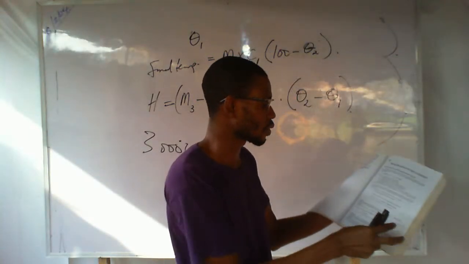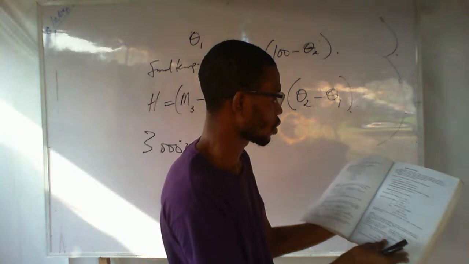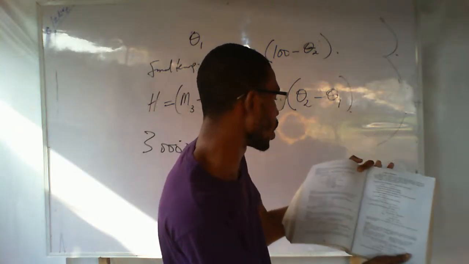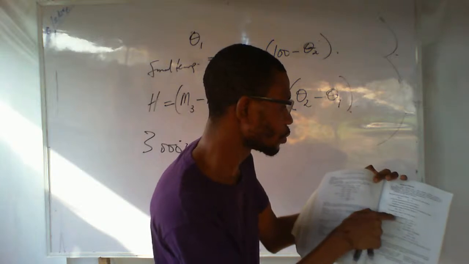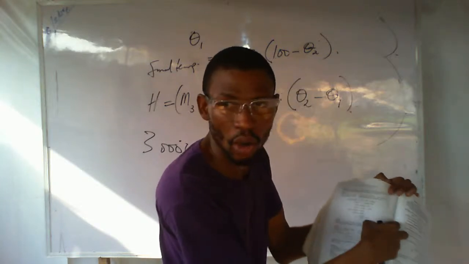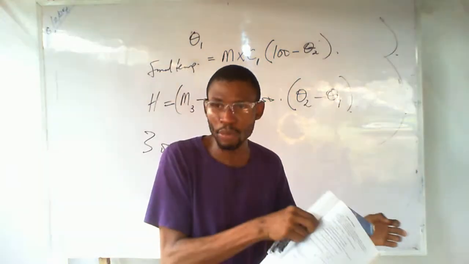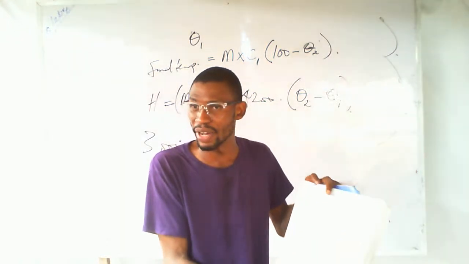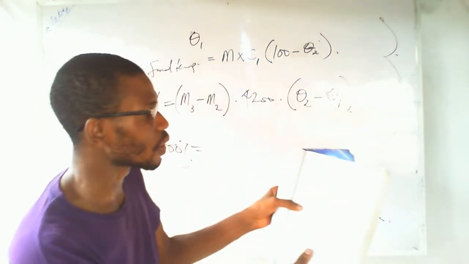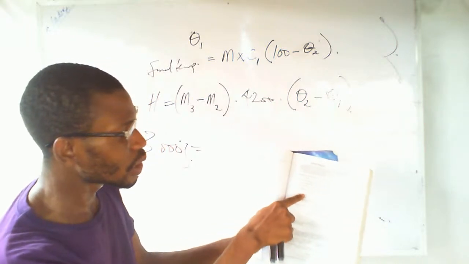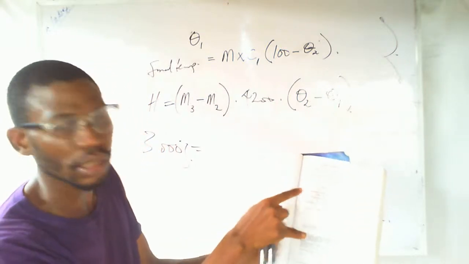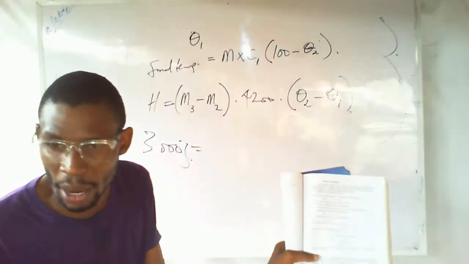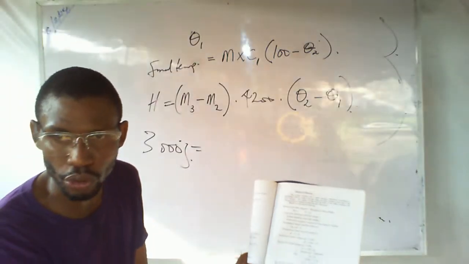Everybody look at this. Look at what I want to show you. Please let me move it very close to the camera so that they can see it clearly from wherever they are viewing. You can move a bit closer to see what I want to show you.